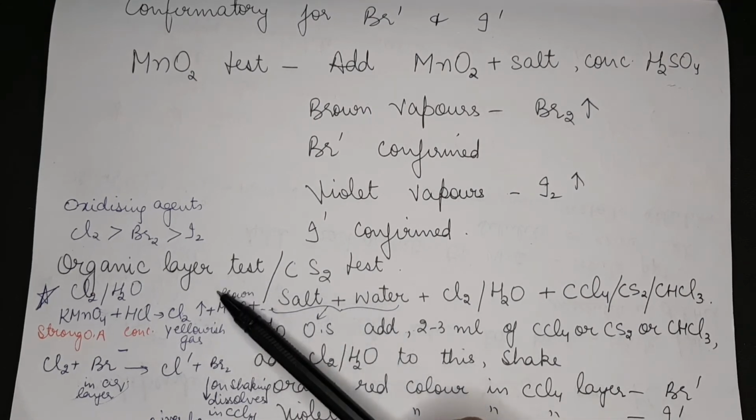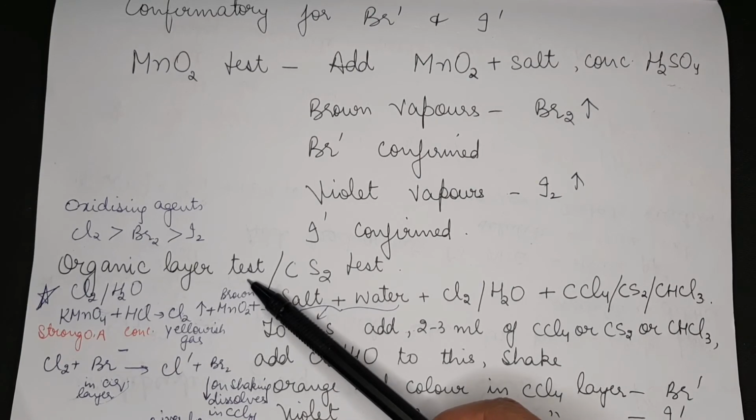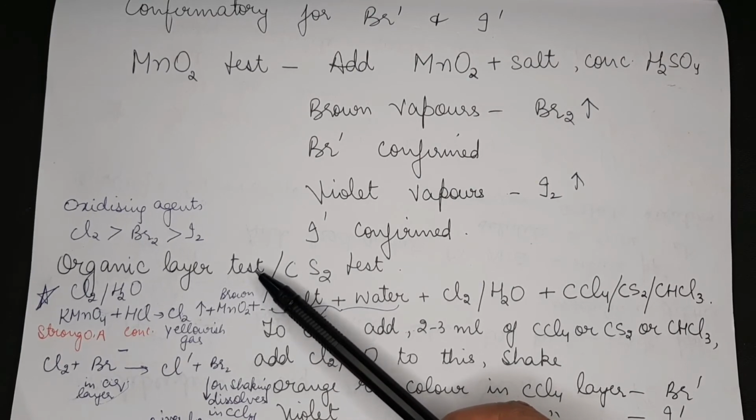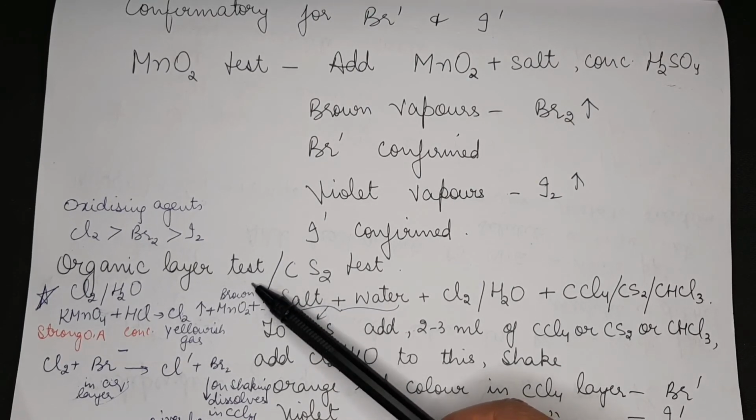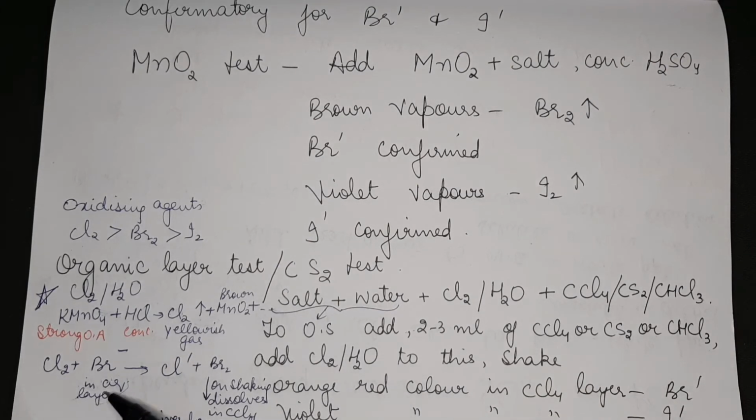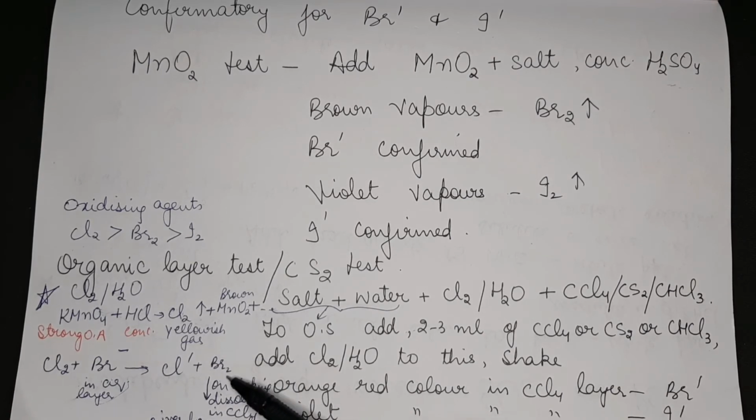So this is the organic layer test. This is also mentioned in your NCERT class 11 redox chapter. Okay. So similarly, if we had iodide salt, iodide would have been present in the aqueous layer, but chlorine from chlorine water would tend to liberate iodine. Bromine and iodine are non-polar.